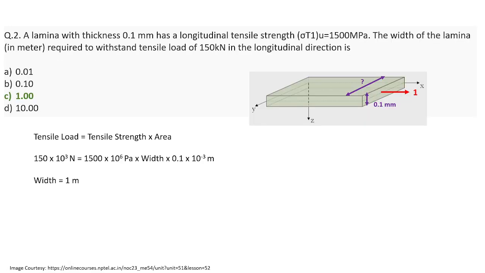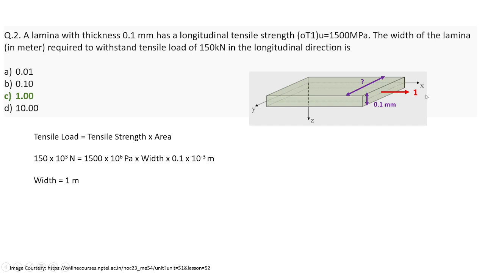So next question, it's a simple numerical. It says the lamina with thickness 0.1 mm has a longitudinal tensile strength of 1500 megapascal. What is the width of the lamina required to withstand a tensile load of 150 kilonewton in the longitudinal direction? Here I showed the x direction as the longitudinal direction 1 and took it as the principal axis.